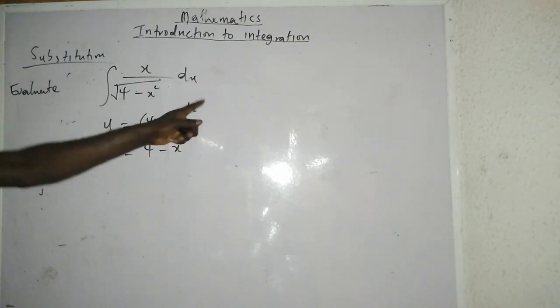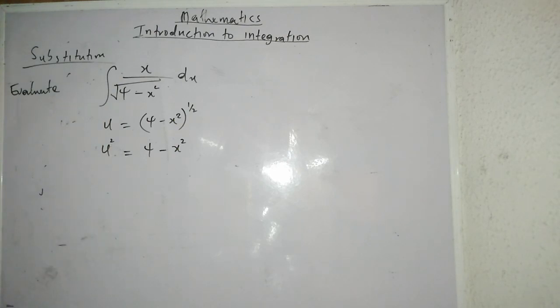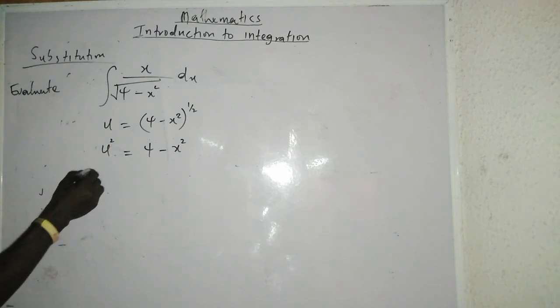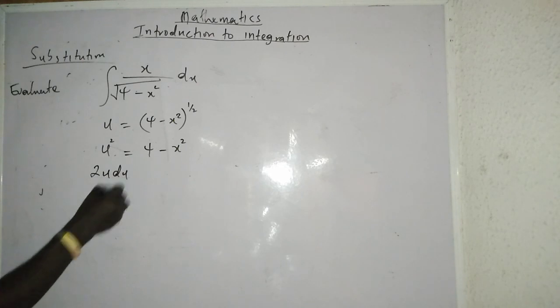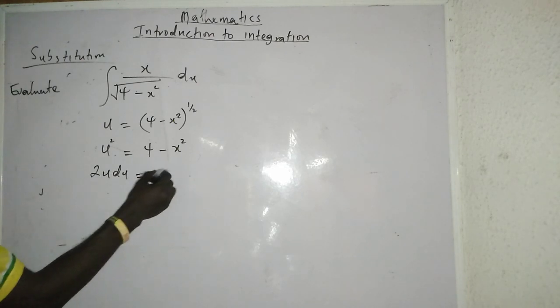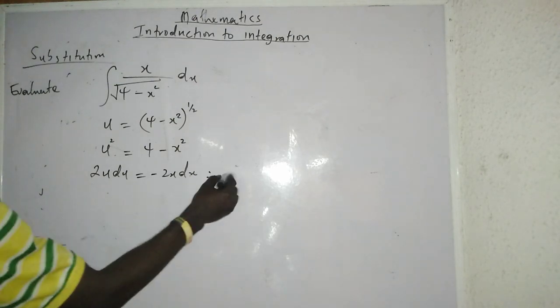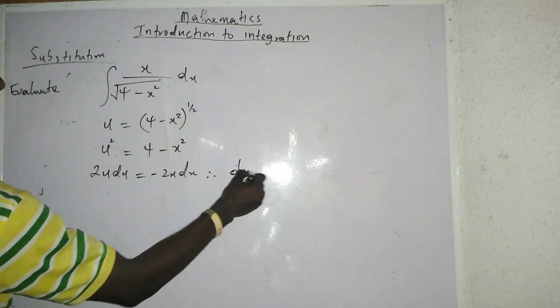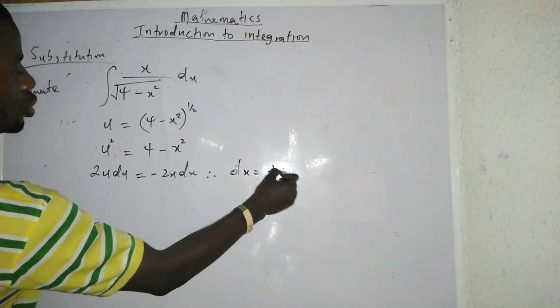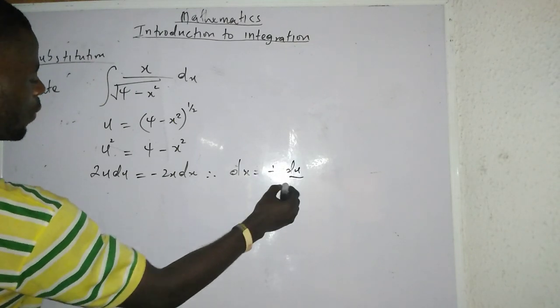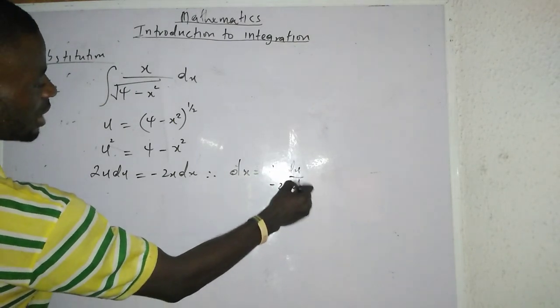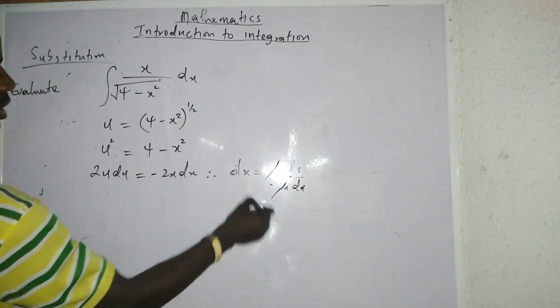Differentiating this, I will have 2u du equals minus 2x dx. Therefore, my dx equals 2u du all over minus 2x. This will cancel this.